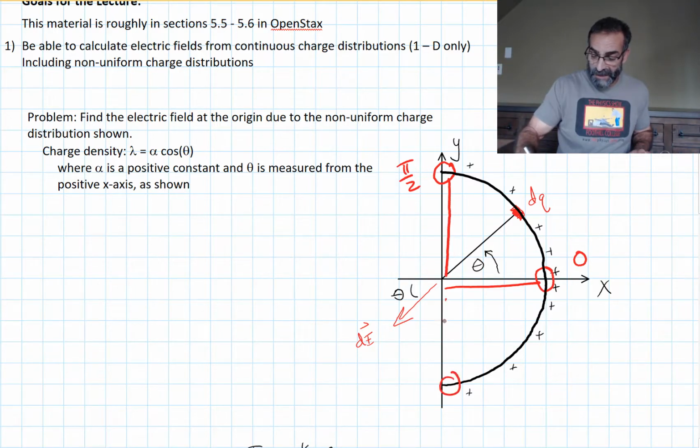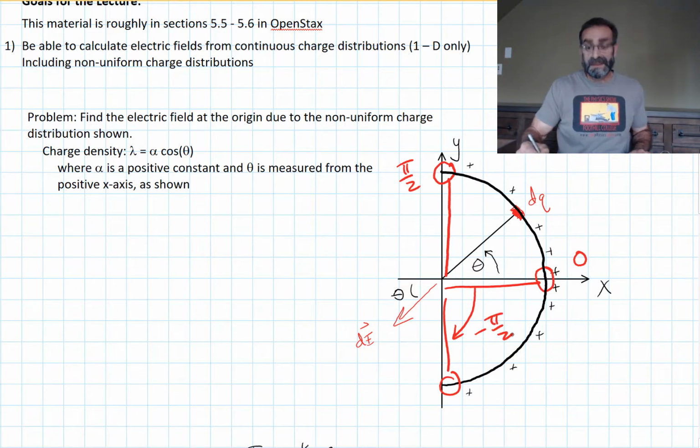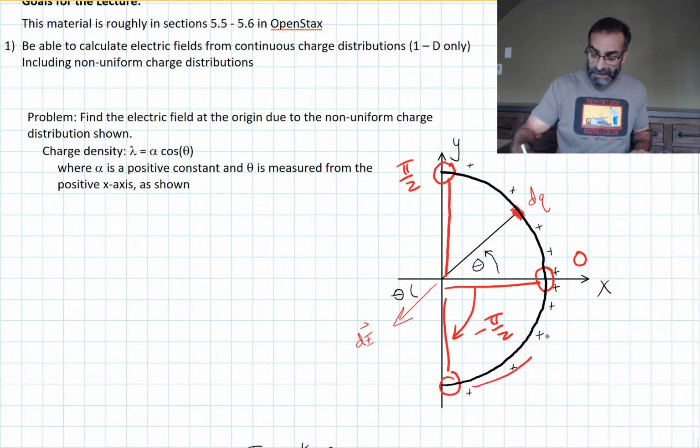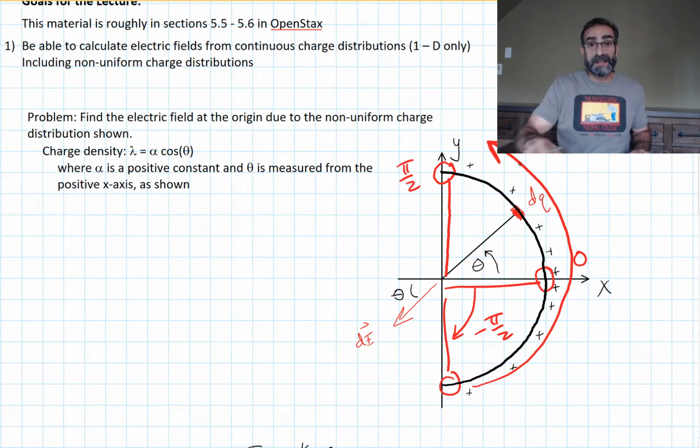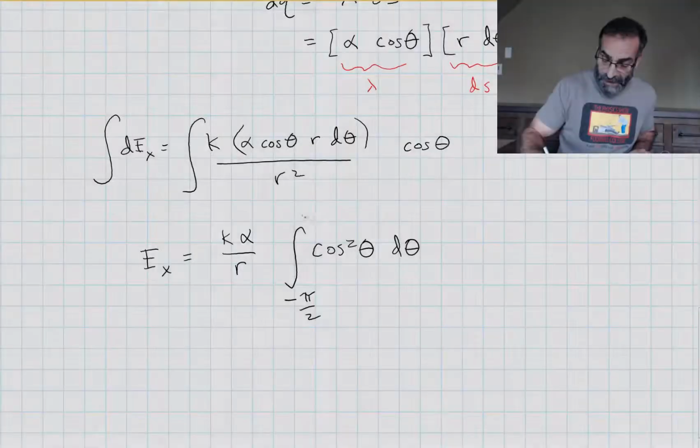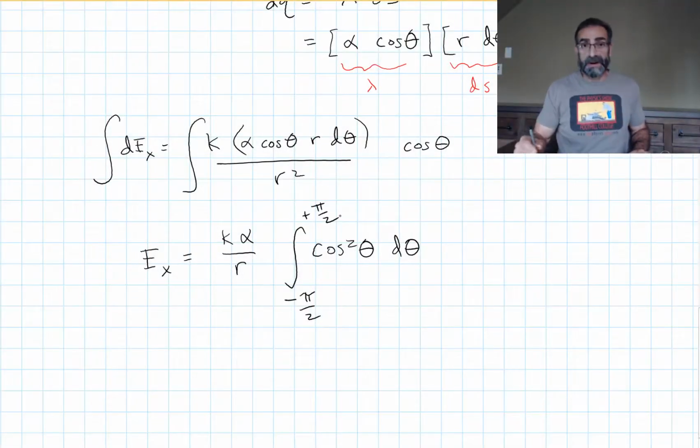And for charge down here, it would be negative pi over 2. So our angle varies from negative pi over 2 up through 0 to pi over 2 in order to include all the charge on that rod. Minus pi over 2 to plus pi over 2 are our limits of integration.